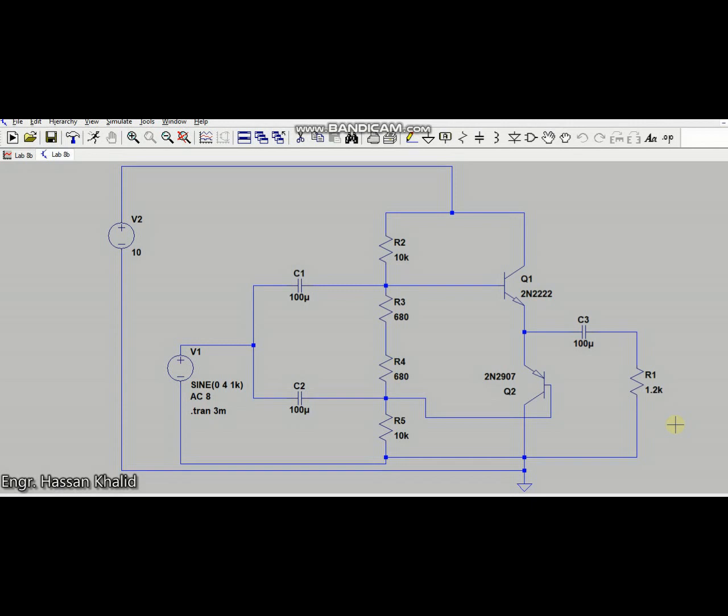We have also demonstrated that the efficiency of the prior circuit was only 50%, and the push and pull configuration has helped us a lot to achieve 78.5% efficiency.